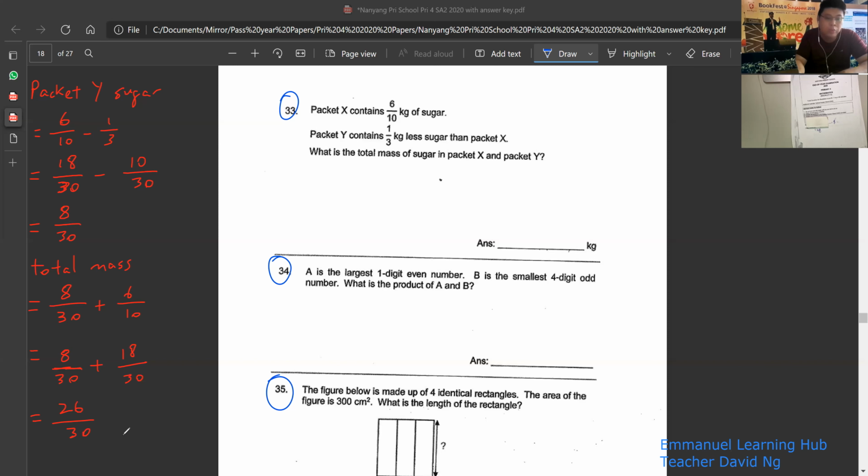No. What must you do? Go in simplest form. Which is how many? 13/15. Yes, 13/15.